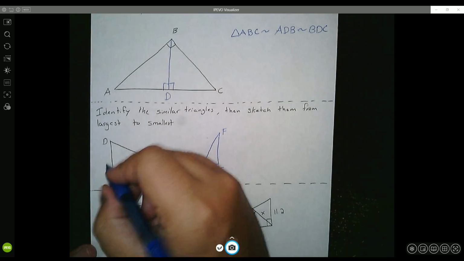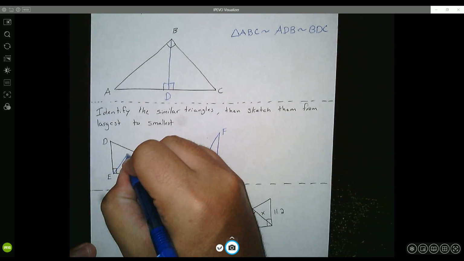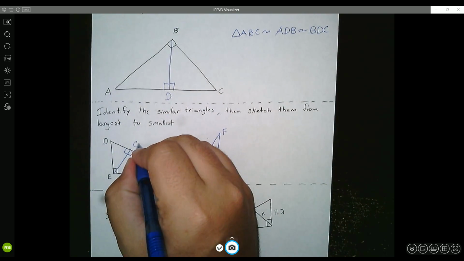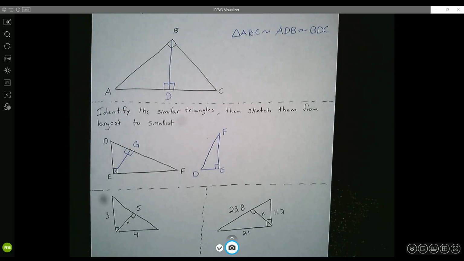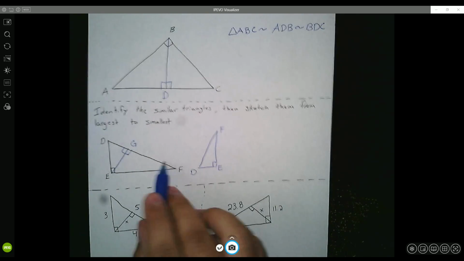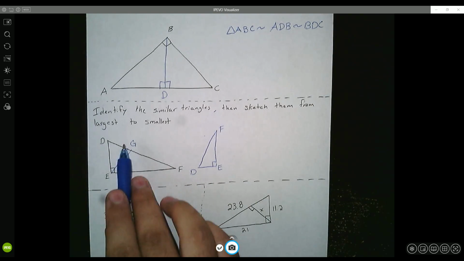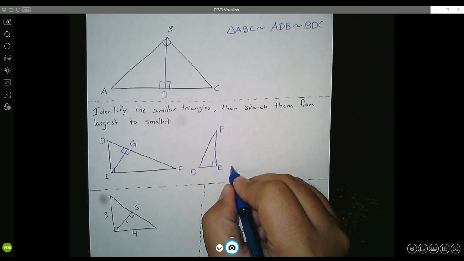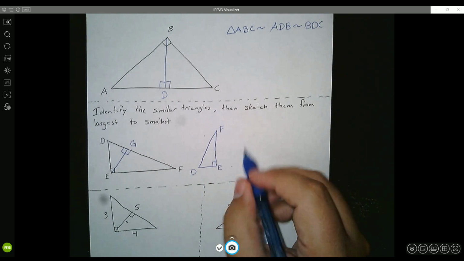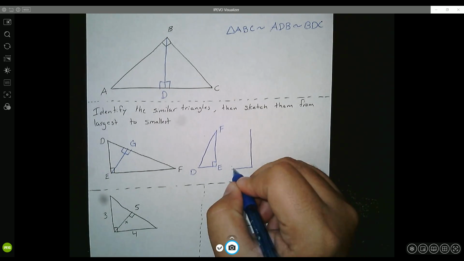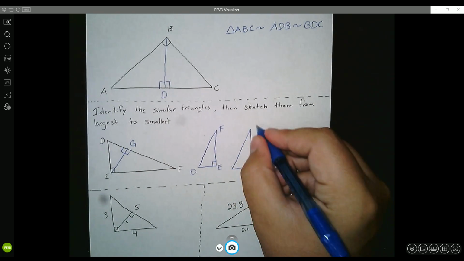Okay, now we need to come over to our similar triangles. So we're going to draw our altitude. It's going to come from here all the way down, and it'll make 90s. And we're going to name this point G. Our next biggest triangle is going to be this one right here. So we're going to start at F and go F, G, E. Probably should have drawn that smaller, but my bad.